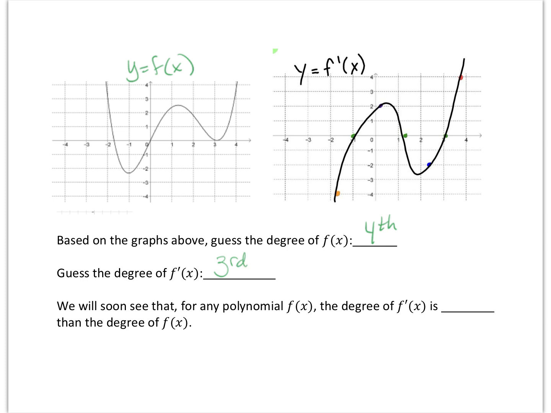We will soon see that for any polynomial f of x, the degree of f prime is 1 less than the degree of f. Here, the degree of f we guessed was 4th, and the derivative we guessed was 3rd, and that is in fact always true. When you take the derivative of a polynomial, the degree will decrease by 1.